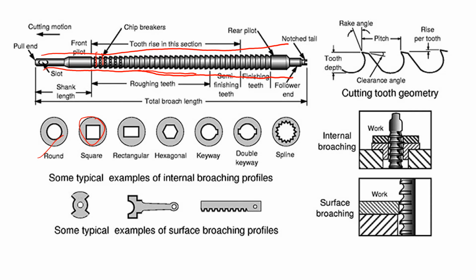You can shape into circle, rectangular, hexagon, square, keyway, double keyway, and also spline. Some typical examples of surface broaching profile look like this one. So let's see the operation.